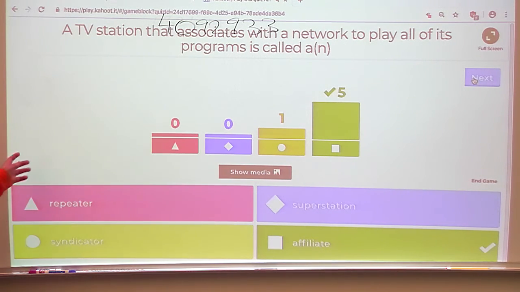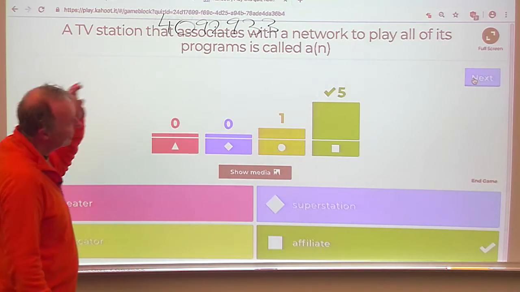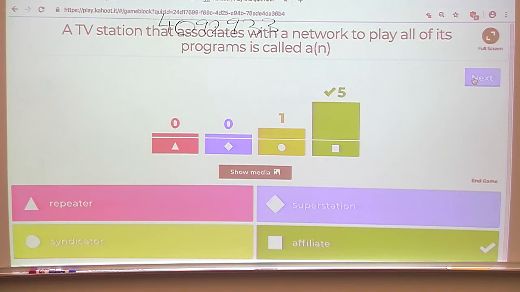So again, what that means is the local station signs a contract with the network, says we're going to play all of its programs. Remember what that type of contract is called, when an affiliate says I'm going to play all your programs? It's called clearance, remember?